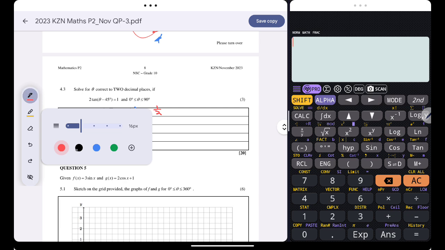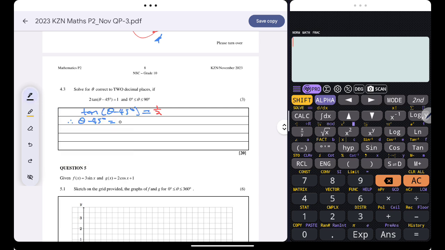So this thing simply means that theta minus 45 is the inverse of tan of 1 over 2. Then what do I get? Theta minus 45, shift tan 1 over 2.